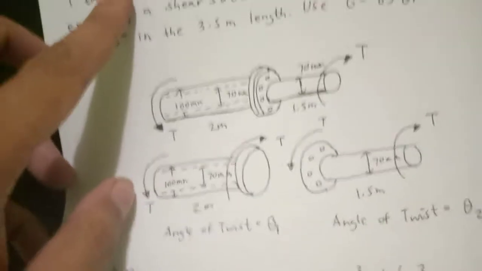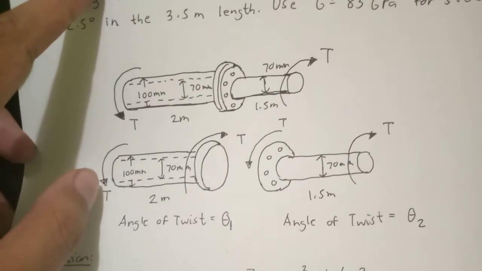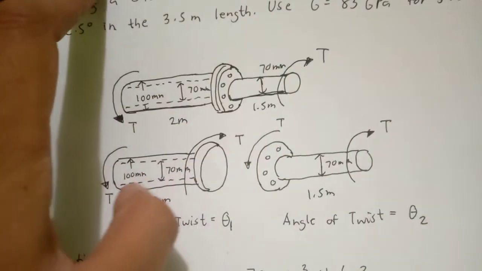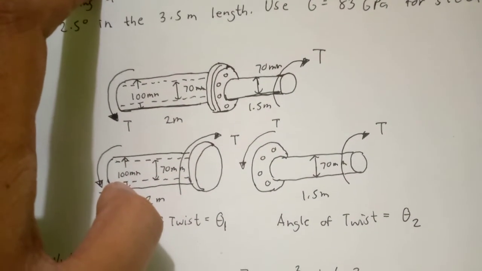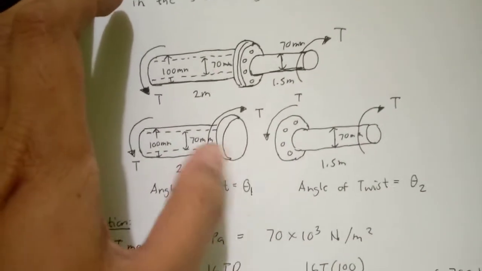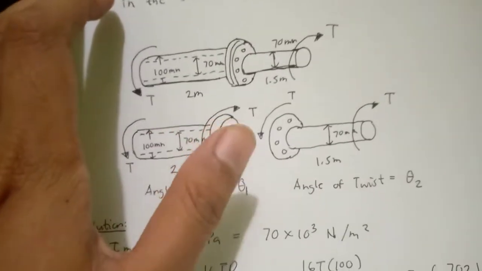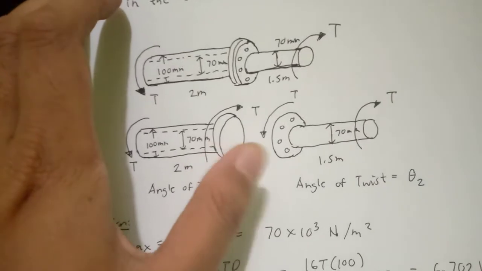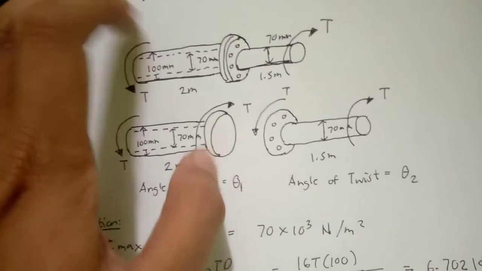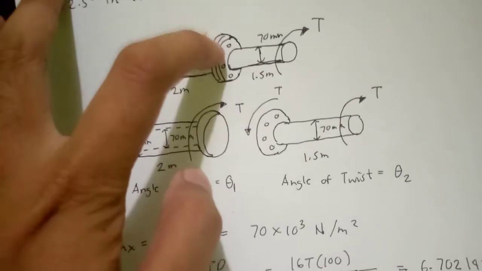If T here, for example, is counterclockwise, the other side should also be T in counterclockwise, and so on. Please take note that in the middle there should be two equivalent values of torsion, but in opposite direction. So if they combine together, it will be equivalent to zero torsion at the middle.